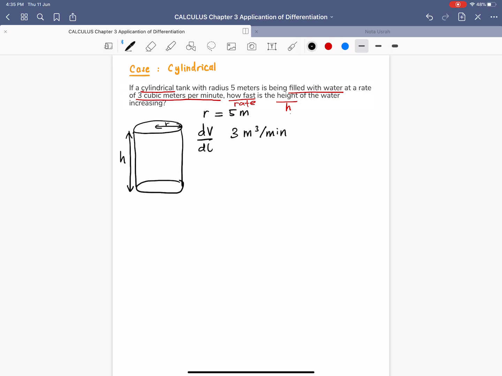So what we have to do here is find dh dt, when given that r equals 5 and dV dt is 3 meter cube per minute.